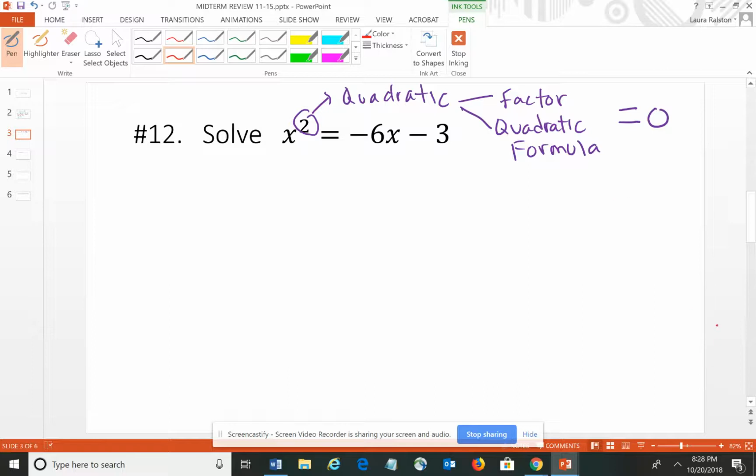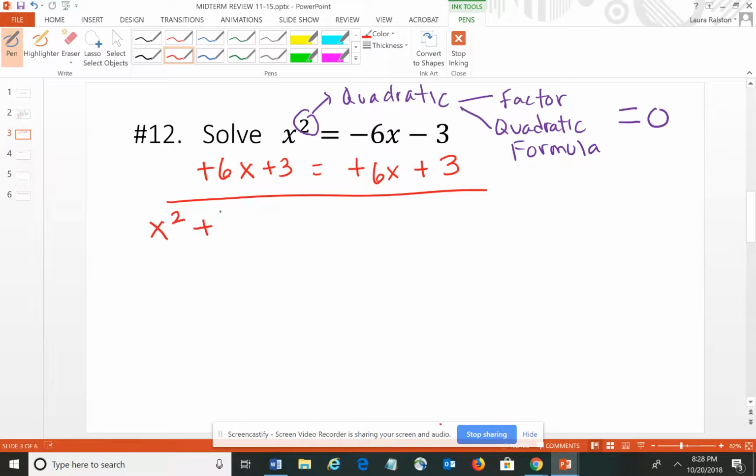I'm going to do that by adding 6x and adding 3 to each side, so that I end up with x squared plus 6x plus 3 equals 0.